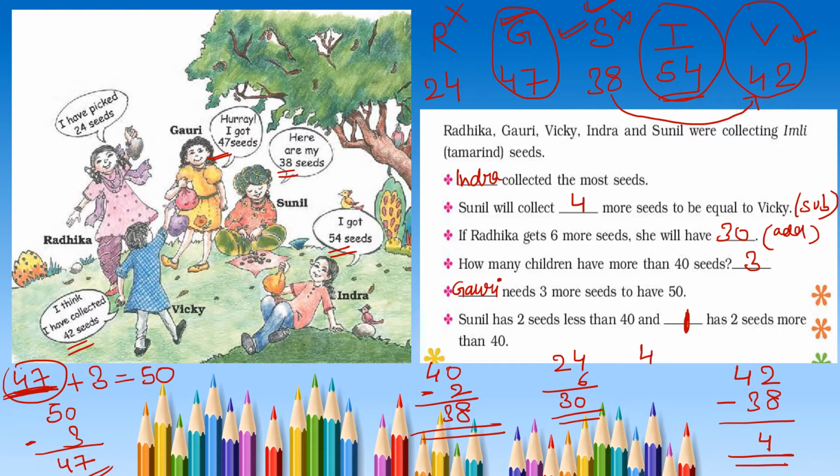So if we have 40 seeds, we add 2 more to that, we will have 42 seeds now. So who has 42 seeds? We can clearly see that Vicky has 42 seeds. Our answer is Vicky. Wait, let me write it again. Clear? Okay, let's move on.